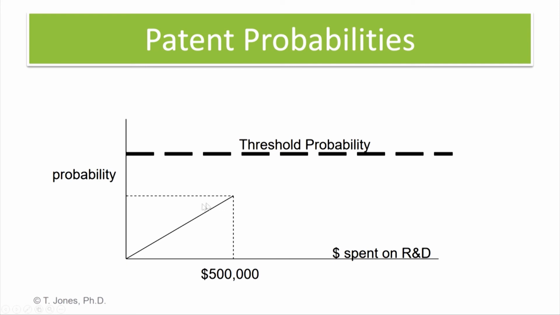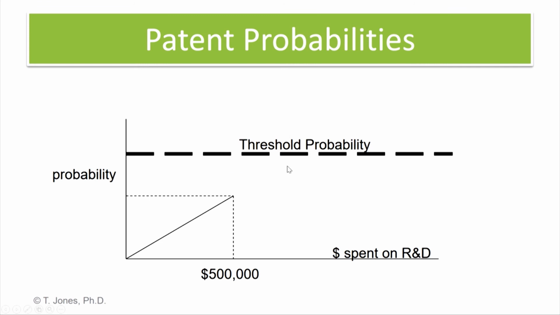And then there's another point where it says, well, if you spend, say, 15 scientists' worth, that means that it begins to diminish. So you'll see that the curve will actually go this way and start to drop off. Okay, so at that point, it doesn't mean that you're not being effective. It just means that you're not being as effective as you were in the first couple of spends.